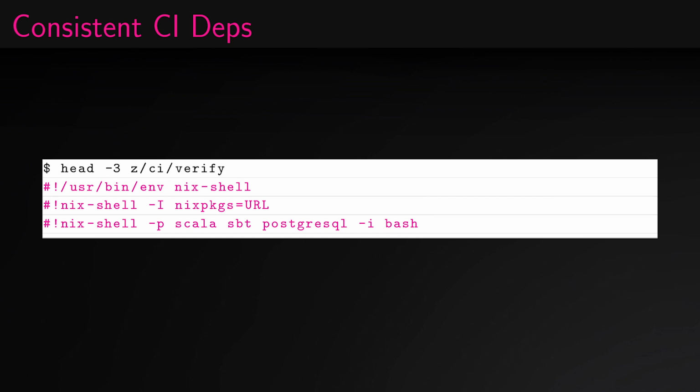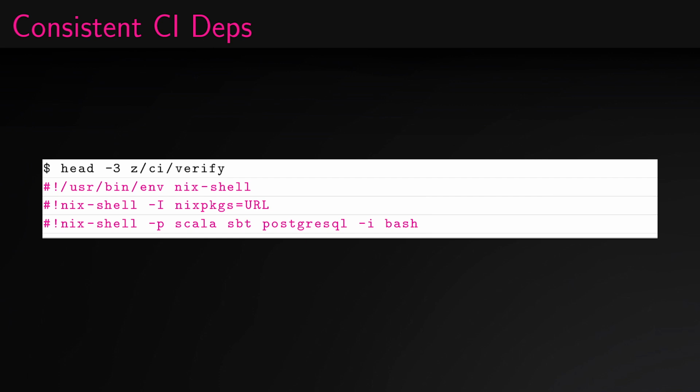And here we can say, well, this script only requires Scala, SBT, and Postgres, and we want our script to be written in bash. So we don't have to define our verify scripts or whatever in Nix, or anything crazy like that. We can have them change the interpreter to be Ruby if they wanted this to invoke some kind of rake task or something like that.